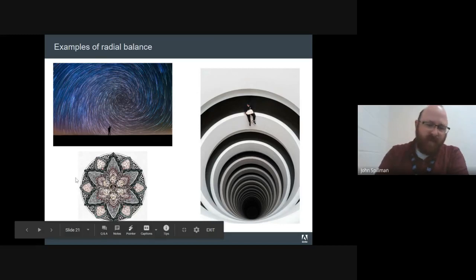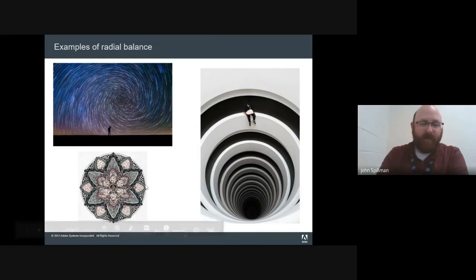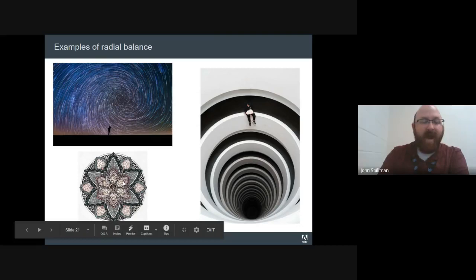And then this right here is kind of your classic example of radial balance. So notice everything emanates from the center of this design, and you can divide it vertically, horizontally, or diagonally, and it's always going to match up, right? So this would be vertically, horizontally, and diagonally symmetrical and have radial balance, right?